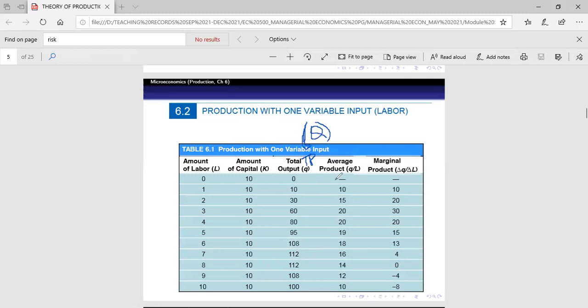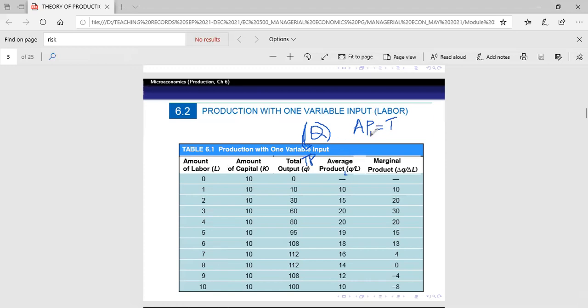And then also we have a column here of average product, where we see that the average product is the same as total product over, of course, this one will be average product of labor. It is average product of labor because labor is the variable factor here. So this is average product.